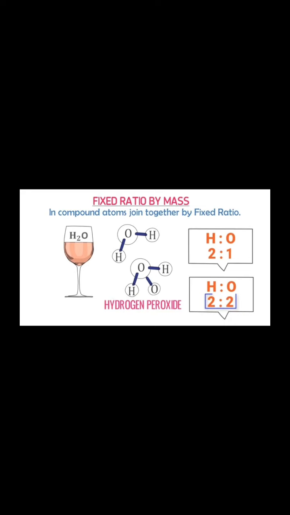Once again, let's see the definition of compound. A compound is a pure substance which consists of two or more different types of elements chemically combined together in a fixed ratio by mass.